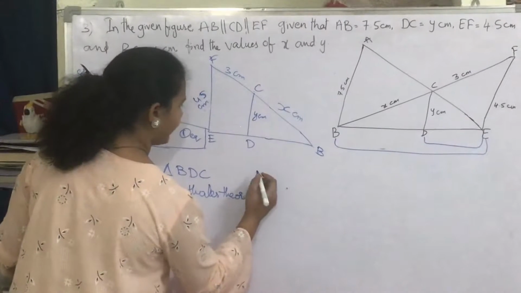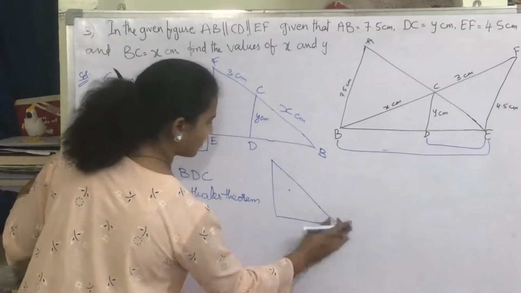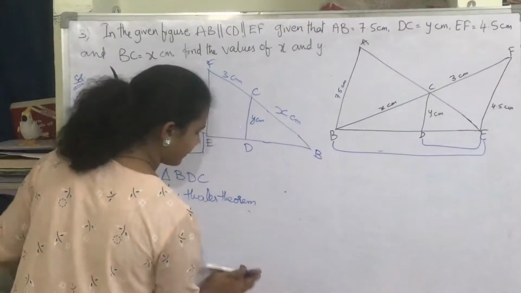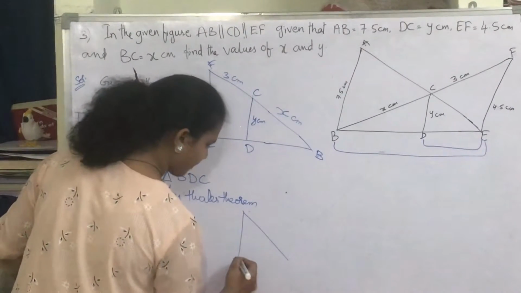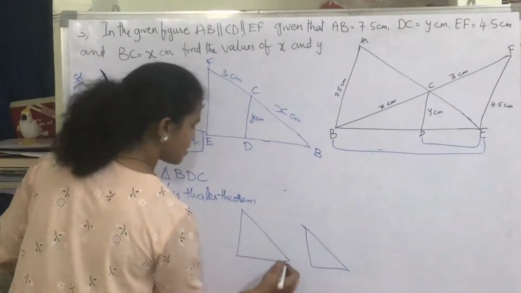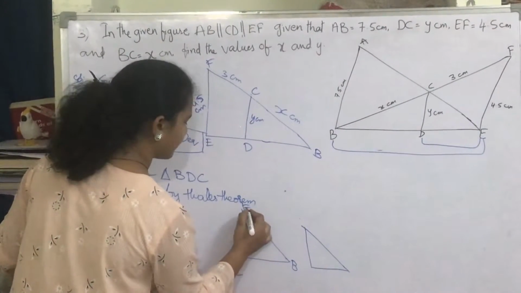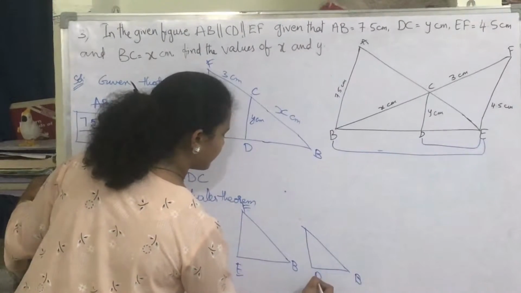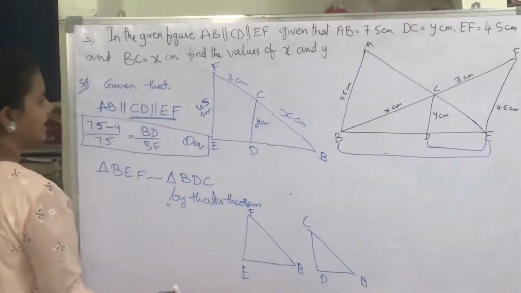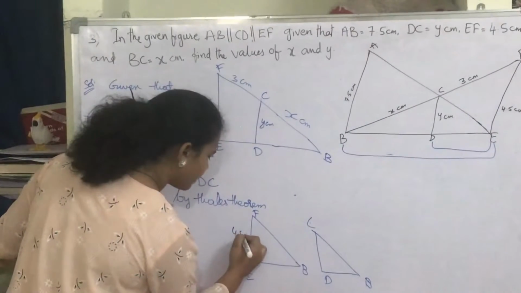So let me write down, let this triangle be BEF and BDC. B, E, F and B, D, C. If I write values for this, BE we haven't any value, EF is 4.5 centimeters.